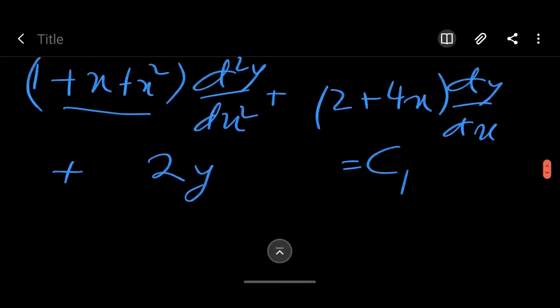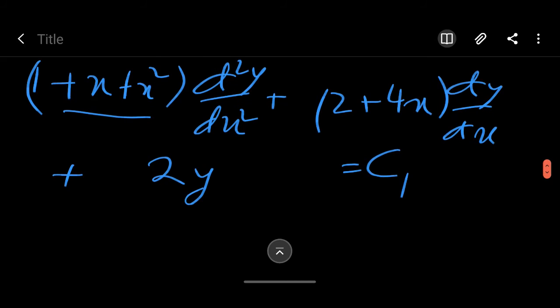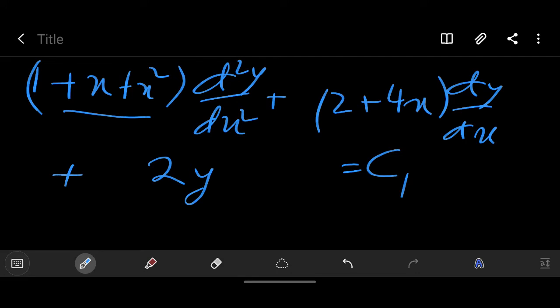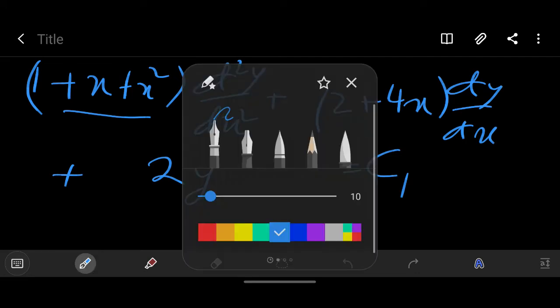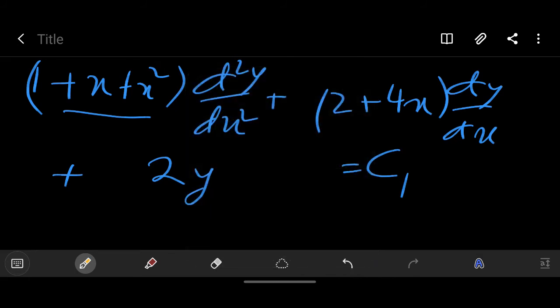While checking it, we have our p0 here, p1 and p2.